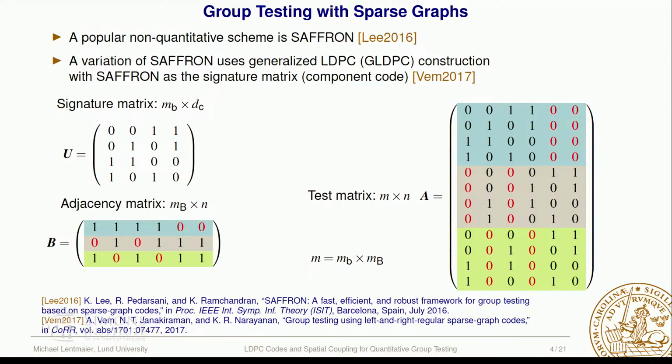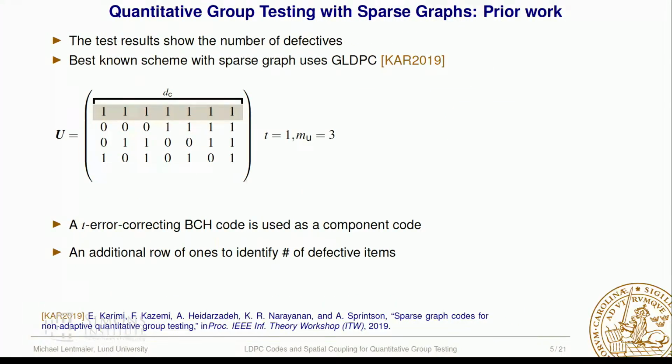And this was our starting point, and we want to do now a slight variation that is interesting for quantitative group testing. In this case, another set of co-authors together with Krishna found out that you can actually use a real generalized LDPC code, but this is no longer related to that Saffron structure.